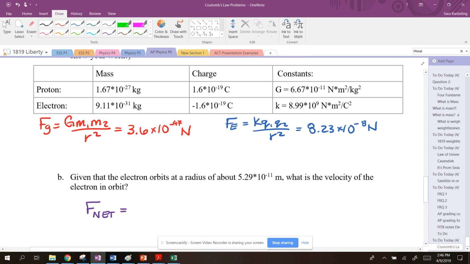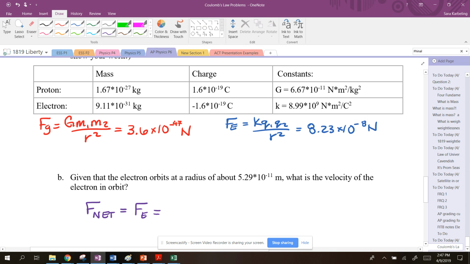The net force acting on the electron, given what we found in part A, is really what? What force is it? It's really just the electrostatic force. And is the electron accelerating?